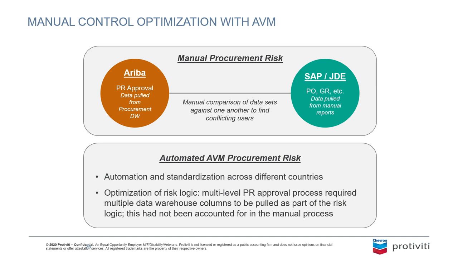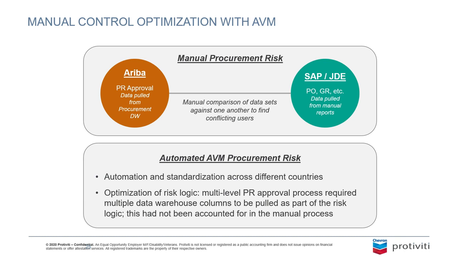So both of those ERPs were interacting with requisitions created in Ariba. For anyone familiar with the standard procurement process, you've got your PO creation after the PR, the goods receipt, the vendor invoice, the AP payment, et cetera.